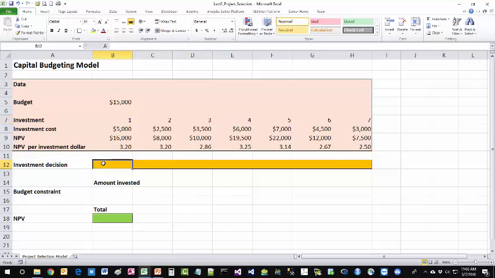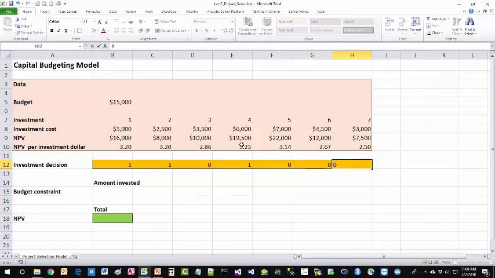So we could start right by selecting projects 1, 2, and 4, I believe, because they have the highest NPV per investment dollar. So the rest, let's assume, are rejected or not selected.